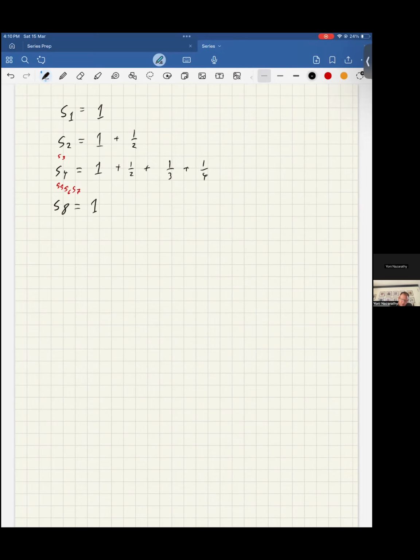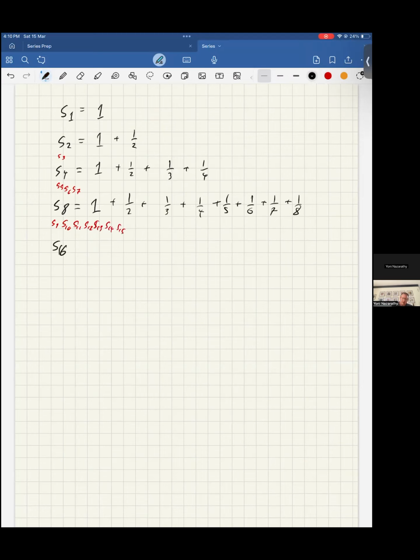That's 1 plus a half plus a third plus a quarter plus a fifth plus a sixth plus a seventh plus an eighth. And I'll continue in this way: skip the 9th, 10th, 11th, 12th, 13th, 14th and 15th, and then look at the 16th one.